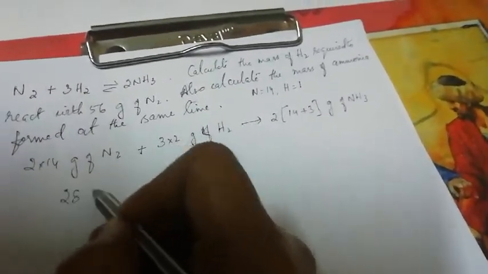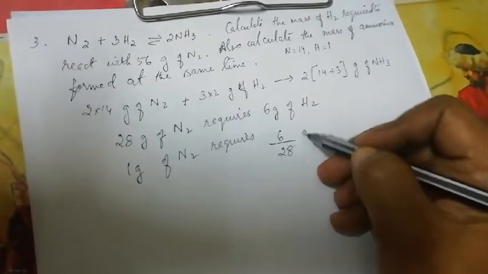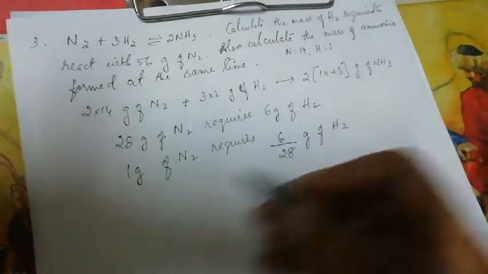So we get 28 grams of nitrogen requires 6 grams of hydrogen. 1 gram of nitrogen requires 6 divided by 28 grams of hydrogen.